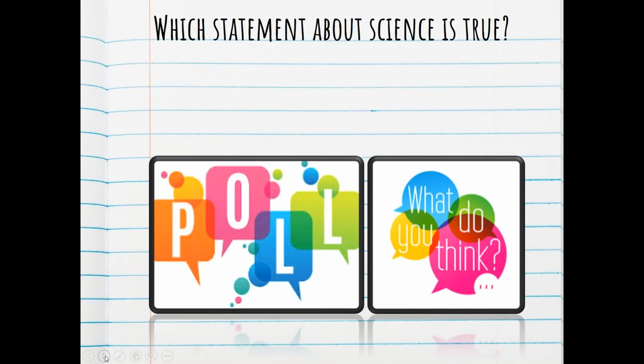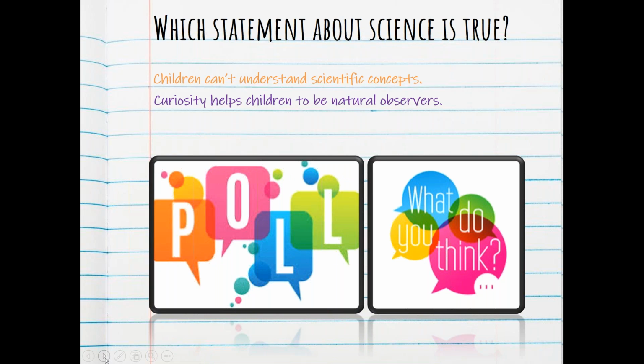So we'd like to start off with a poll. It's what statement about science is true? The first option is children can't understand scientific concepts. Curiosity helps children to be natural observers. Or is it you need deep science knowledge to teach science to children?